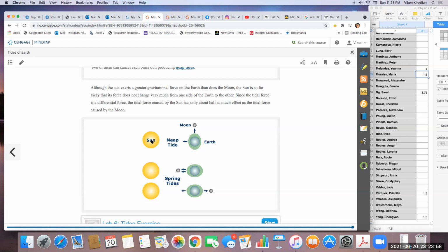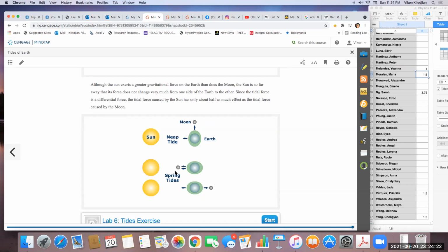So notice on that day, the high tide is high, but the low tide is also kind of high. So there isn't much difference between low and high tide. The sun is causing, quote unquote, the low tide, right? But it's not that low. And the high tide is not that high.